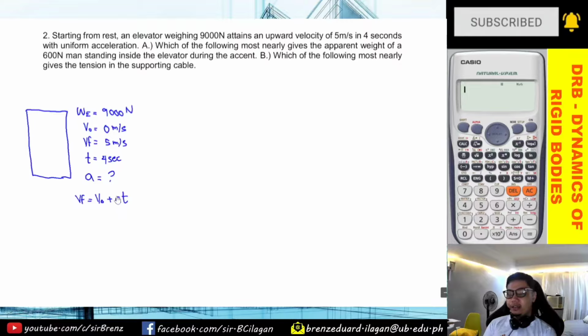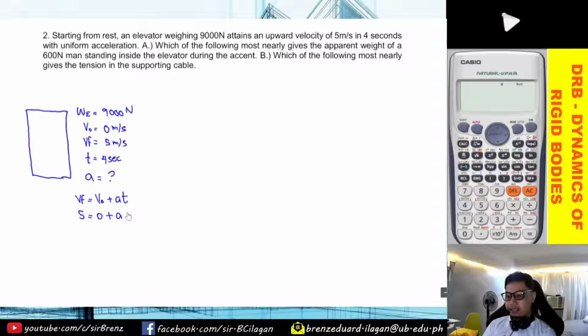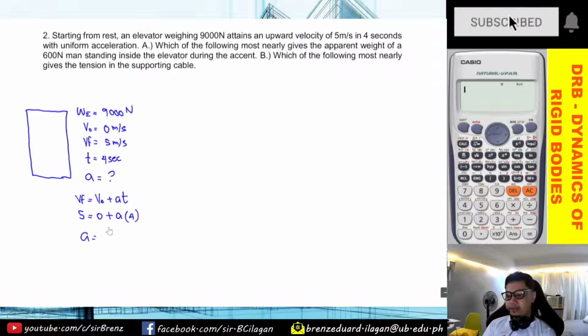Again, you can use the other two formulas, medyo mahaba nga lang yung solution, pero ito na lang para direct substitution at mahanap na agad yung kanyang acceleration. So, final velocity of 5, initial is 0, plus yung unknown na acceleration times time na 4. Therefore, the acceleration after 4 seconds is 5 over 4 meter per second squared.